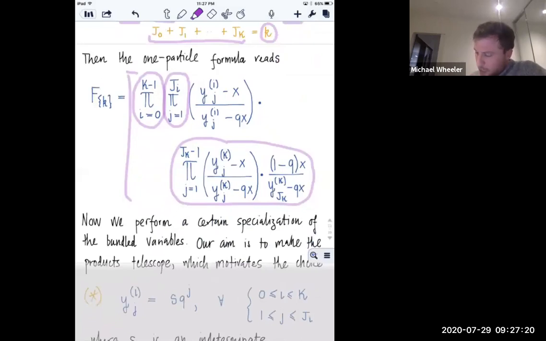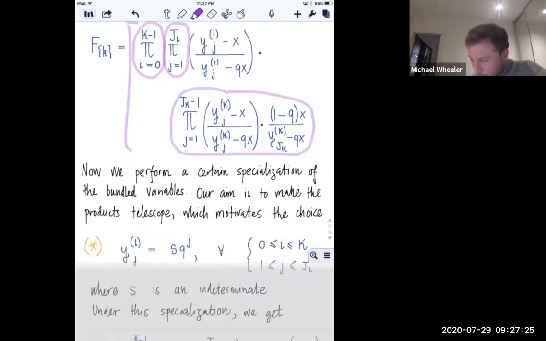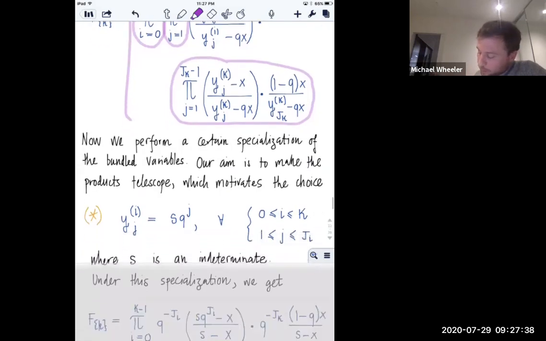All right. So what we're going to do now is start to specialize these bundled variables. And the specialization, what we're aiming to do here, is to get some sort of telescopic cancellation. And to make things telescope, there is a very natural choice, which is just this.